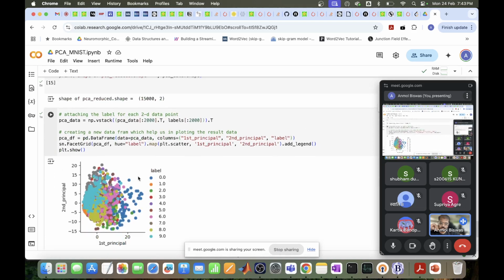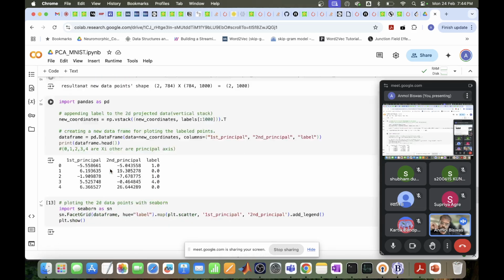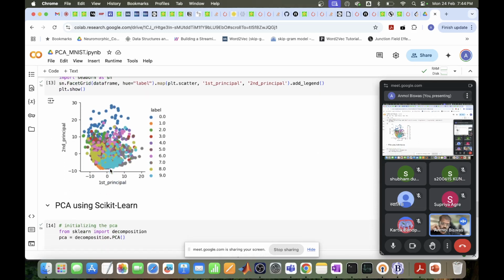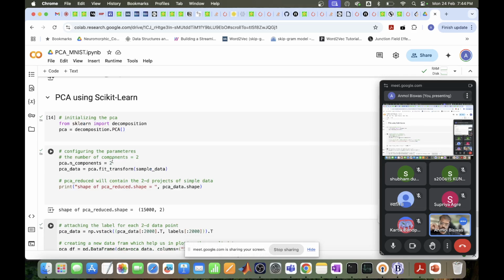And this is the same thing, but with a different implementation. In the previous example, we were using SciPy, and here we are using scikit-learn, this sklearn library, from which you can import the decomposition class, and from that you get this PCA decomposition.